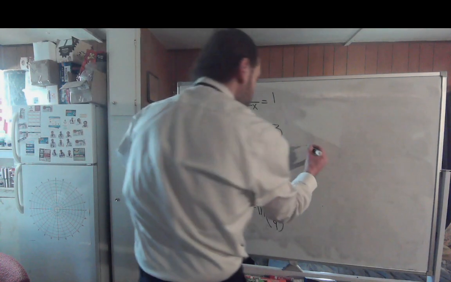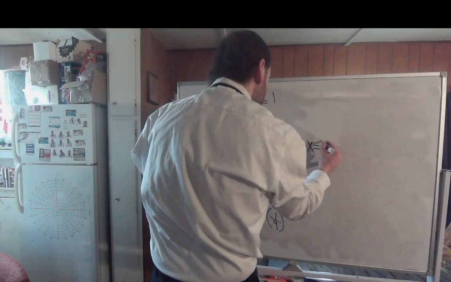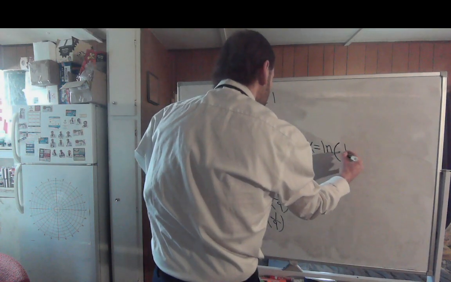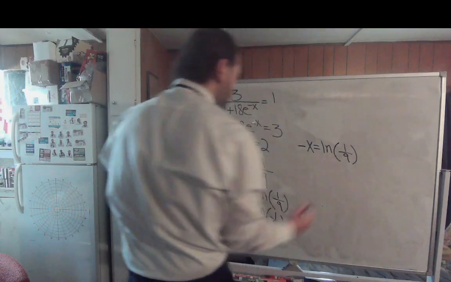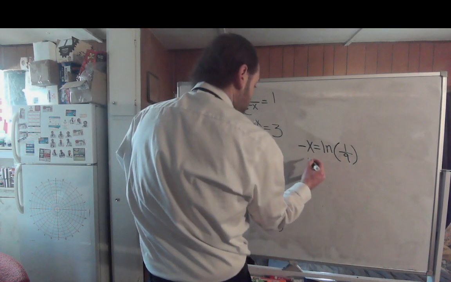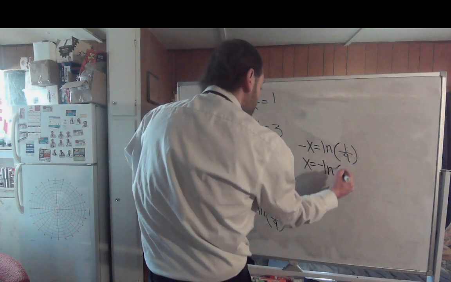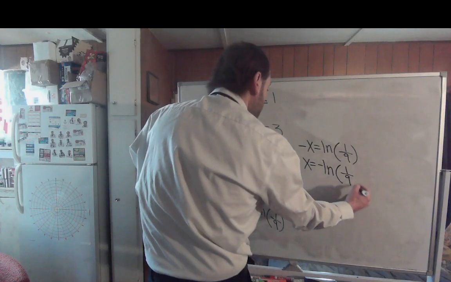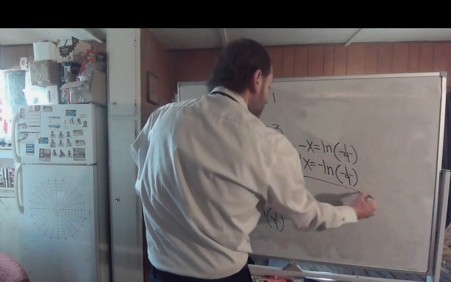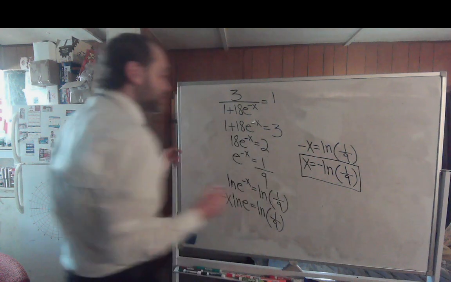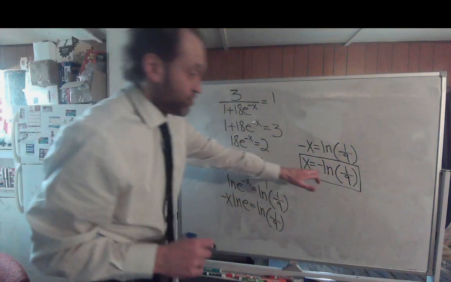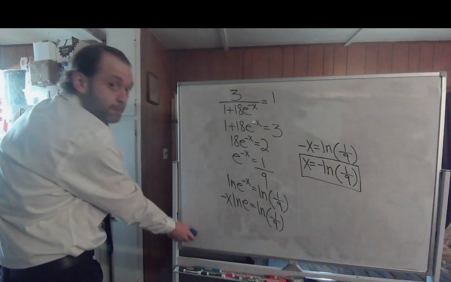That's just 1, so you'll get negative x equals the natural log of 1/9, which would end up giving you that x equals negative of the natural log of 1/9. So there would be your answer. X equals negative of the natural log of 1/9.